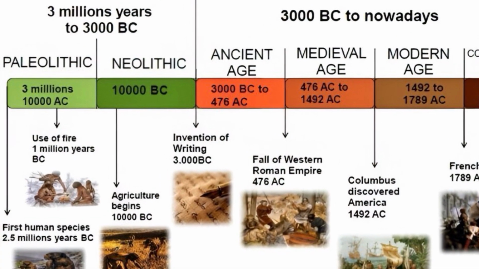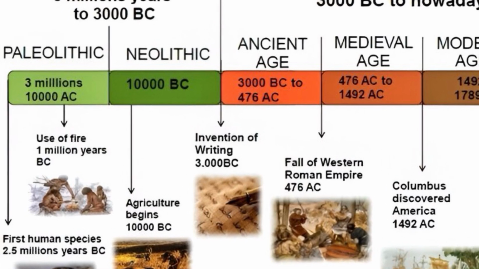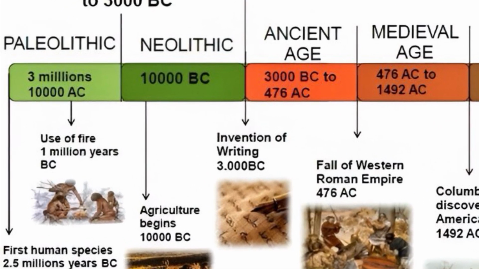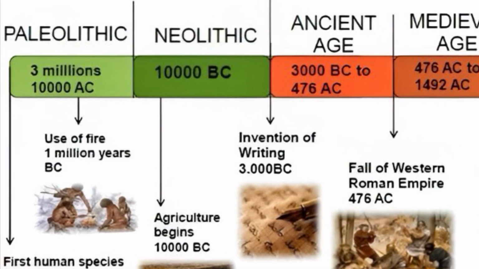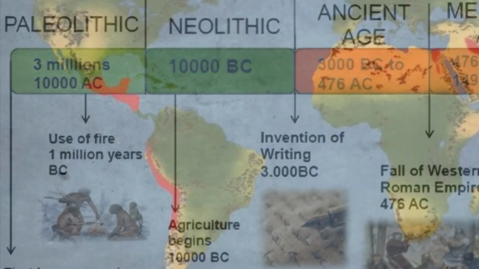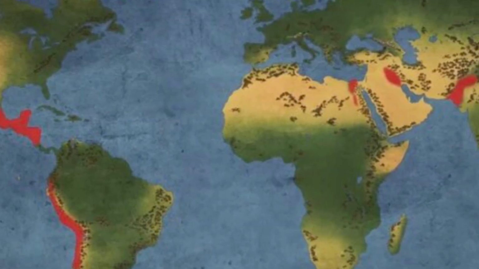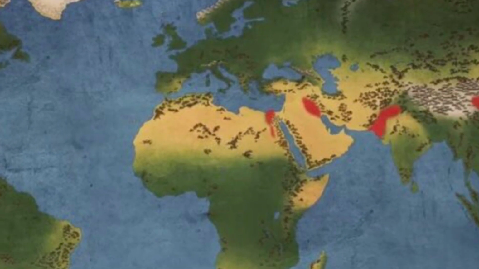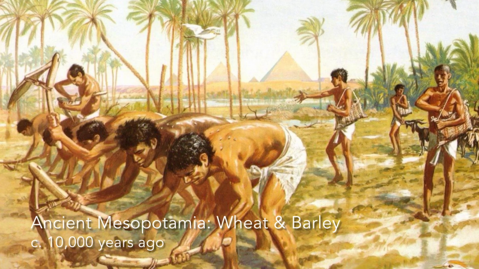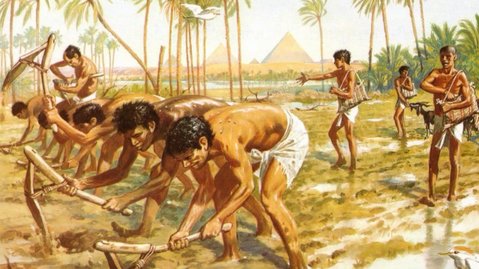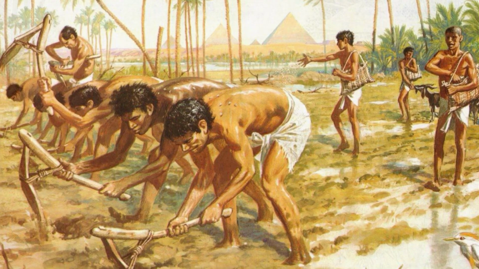Historical records indicate that beginning after the last ice age, around 10,000 to 12,000 years ago, the development of agriculture, which occurred at several locations throughout the world, laid the basis for early civilizations. In ancient Mesopotamia, we see wheat and barley being domesticated around 10,000 years ago.